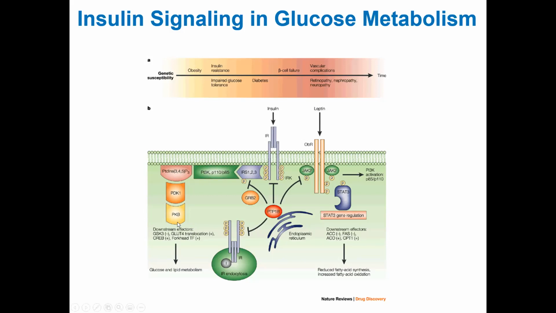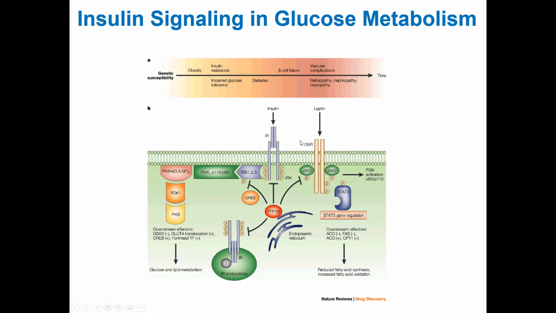Once AKT or PKB is activated, the net effect of insulin binding to the insulin receptor is that glucose molecules will be brought in. There is a transporter called GLUT4. GLUT4 will translocate to the membrane and start bringing glucose in for metabolism. So this is how glucose is brought into the cell.